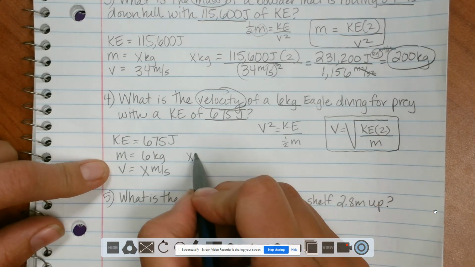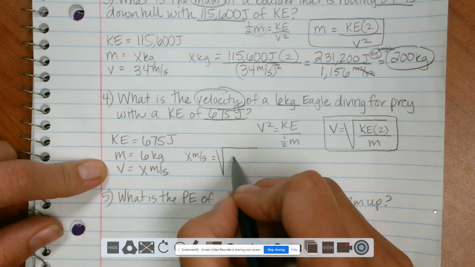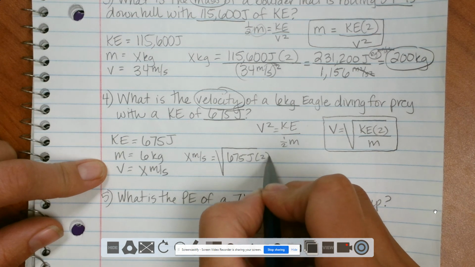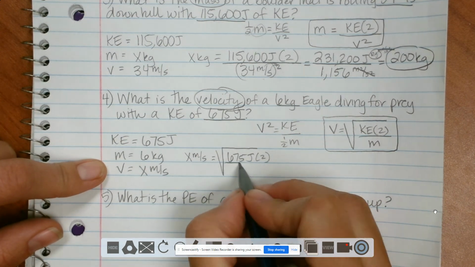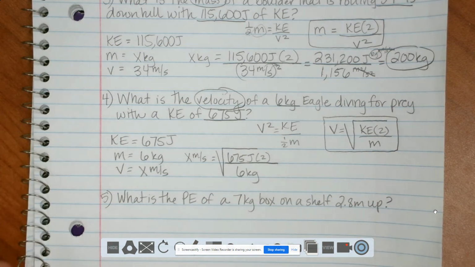v is x meters per second equals the square root of my kinetic energy, 675 joules, times 2. That's why the parentheses are there. It's not a squared, it's times 2, divided by my mass of 6 kilograms. So I have to solve everything inside before I take the square root.